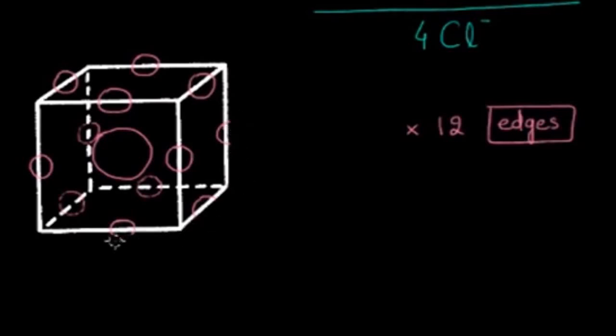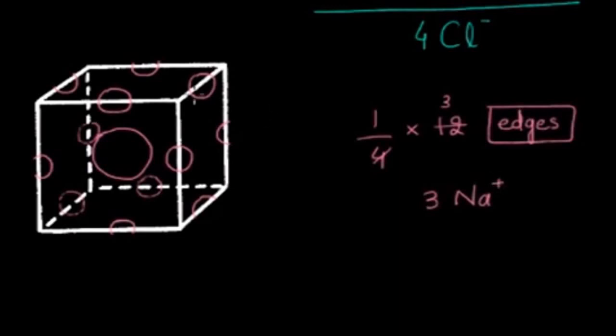So it will be 1 by 4th part of each sodium ion. I will show only that part which is present in one unit cell. So it will be 1 by 4 multiplied by 12. This 12 will cancel out with this 4, and we have 3 sodium ions present at the edges.